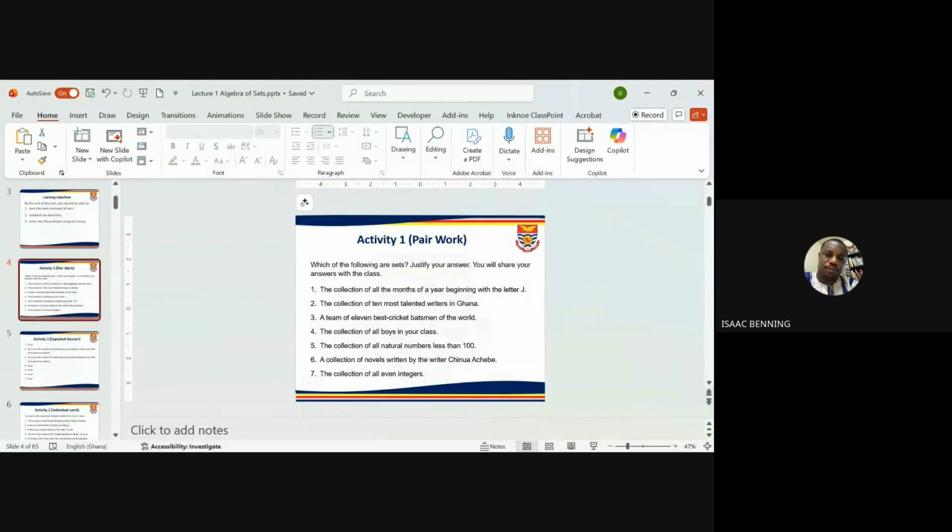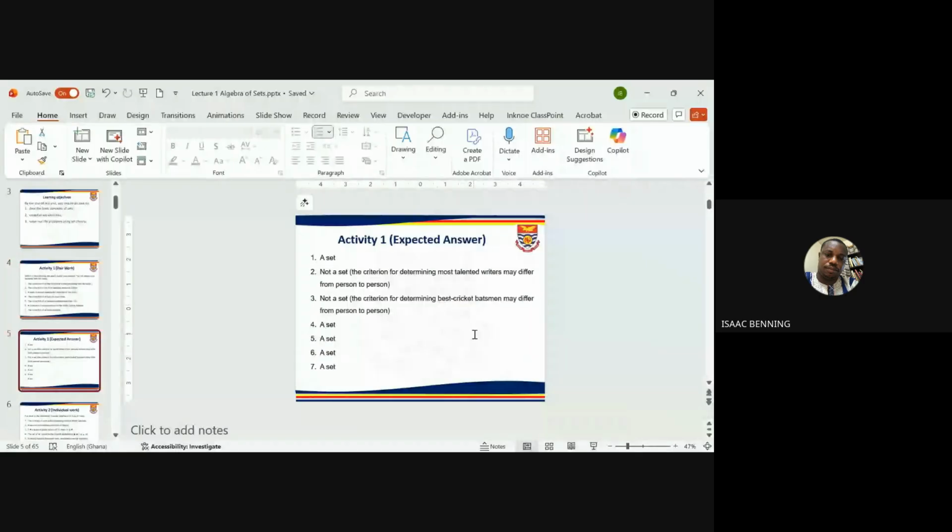Now, as you are discussing, the collection of the 10 most talented writers in Ghana, for example, it's not a set. The reason is that the criterion for determining the most talented writers may differ from person to person.